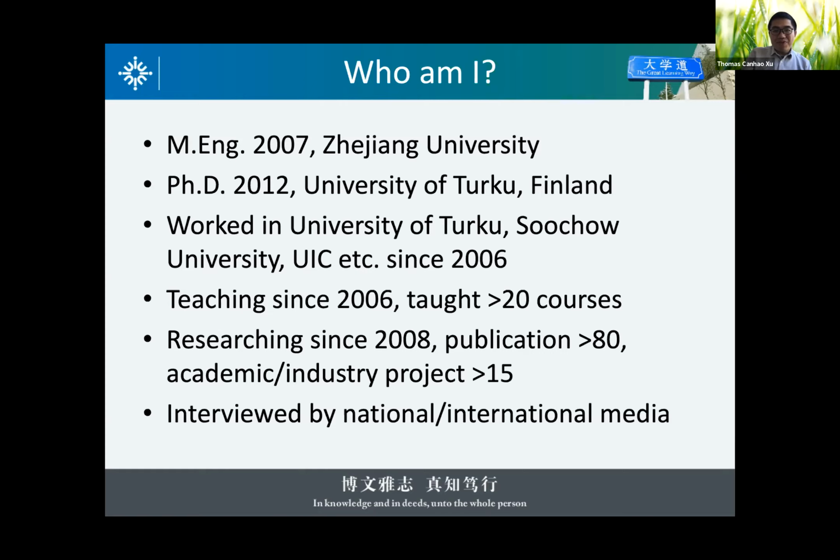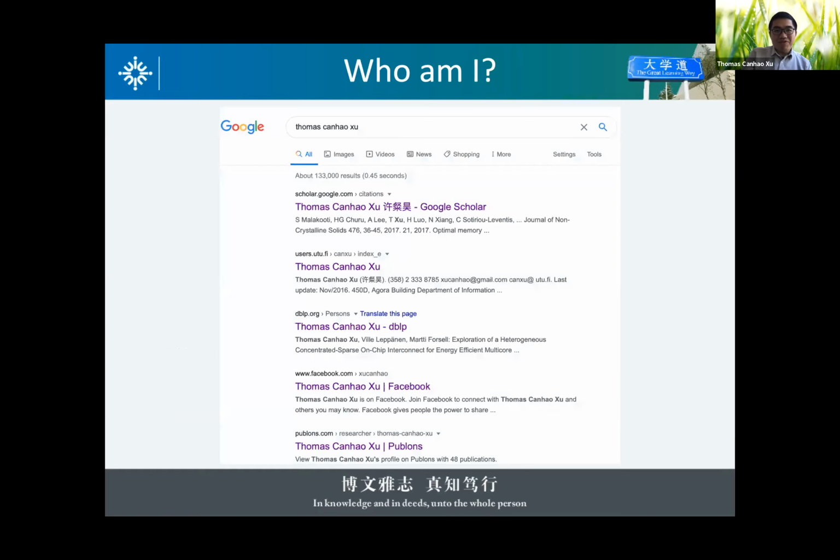If you are interested, you can find a lot of information about me by putting my name in Google. If you put my English name in Google, you can find results from Google Scholar and different places.